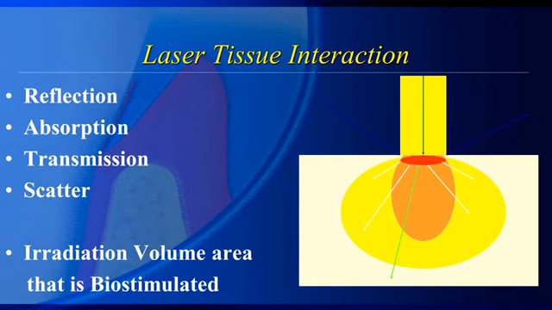The laser energy will be reflected, so that's why we need to wear our safety glasses. It may be absorbed. It may be transmitted through the tissue, as in the case of the varicose vein laser, going through tissues to get it to its target tissue. So reflection, absorption, transmission, and the final thing that may happen to that laser energy is it may be scattered.